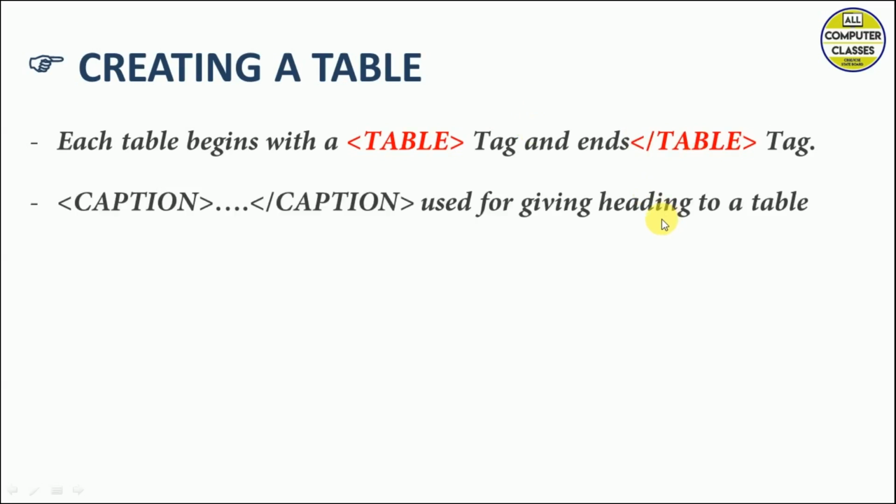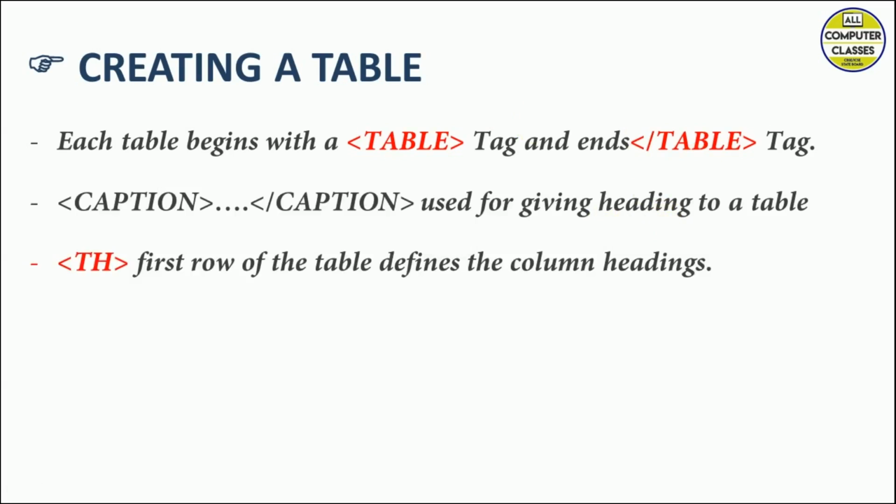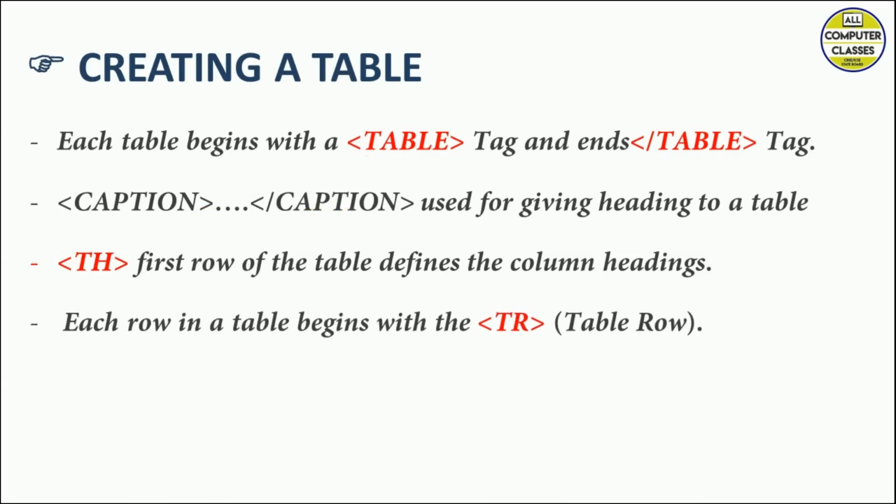Then caption tag is used for giving the heading to the table, right? Then th, the first row of each table defines the column heading, right? So the th tag will be used only once for just giving the heading of the columns, right? Then each row in the table begins with the tr. So row will begin with tr, heading will begin with th, right?